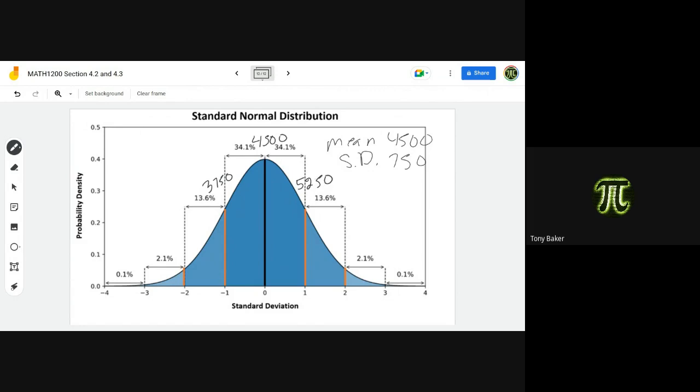So that would be 1 standard deviation. 3750 and 5250. So keep going. Find me the second one and the third one.